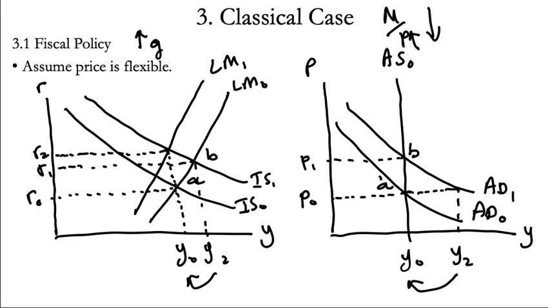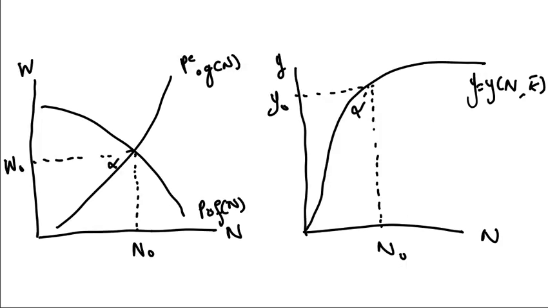But what happens to the labor market and the production function? So we move to the second one here. If we can recall, price has increased from P0 to P1.